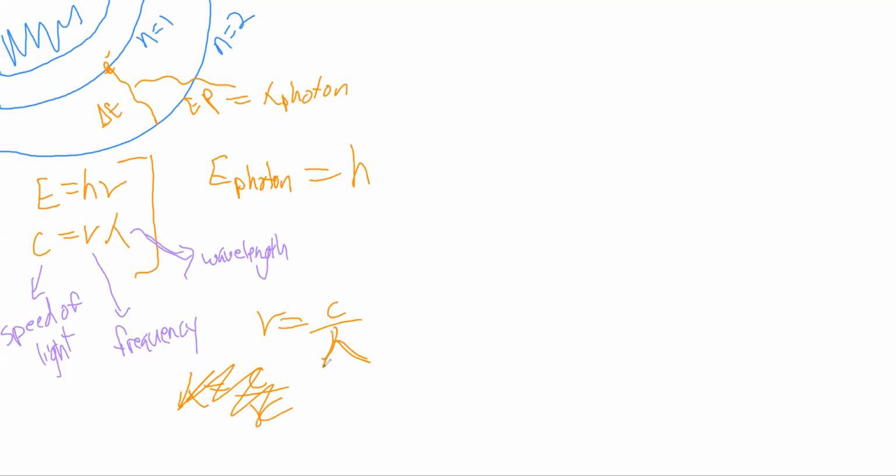So now we can replace our frequency with c over lambda, and now we can tie in the energy of the photon directly to our wavelength. Now, what does this variable h stand for? Planck's constant. And that's the one that's 6.626 times 10 to the negative 34 joule seconds.